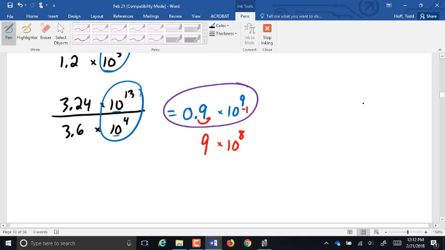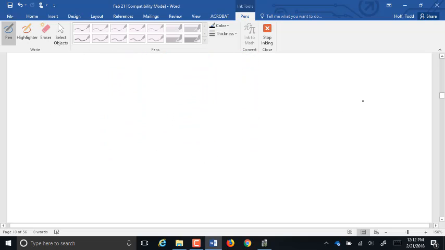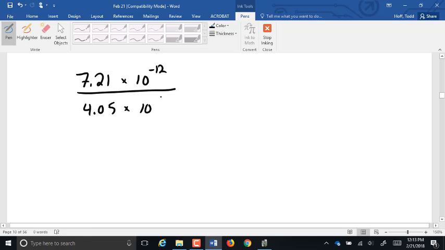Division can get kind of wild when we throw in the negative powers. So we might have 7.21 times 10 to the negative 12th divided by 4.05 times 10 to the 8th.